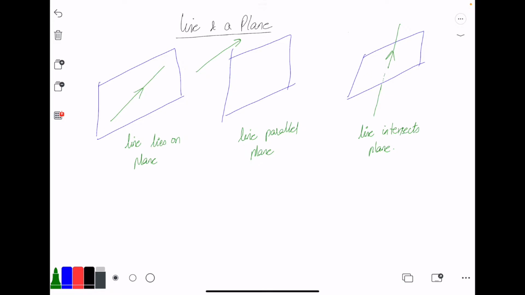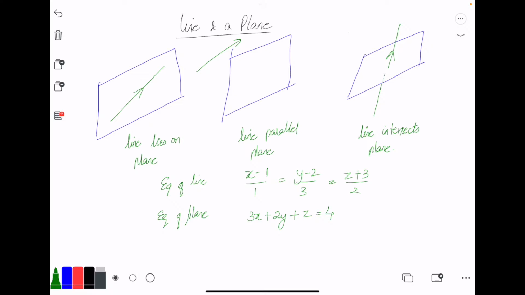We have seen that the equation of a line is of the form, for example, x minus 1 by 1, y minus 2 by 3, z plus 3 by 2, and the equation of a plane is 3x plus 2y plus z equal to 4.